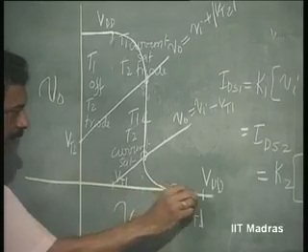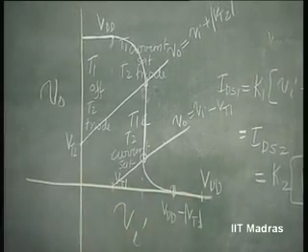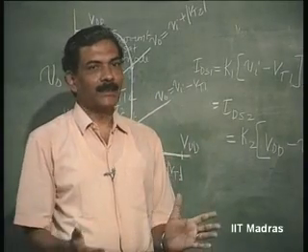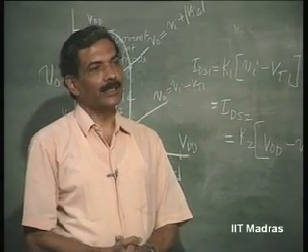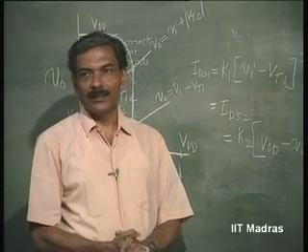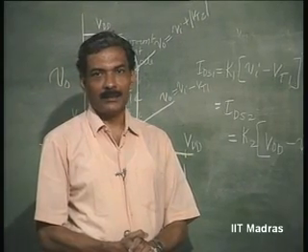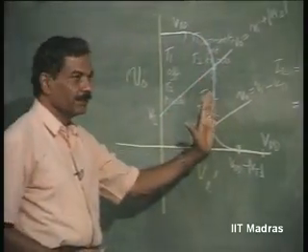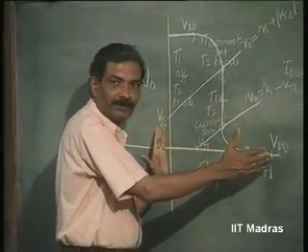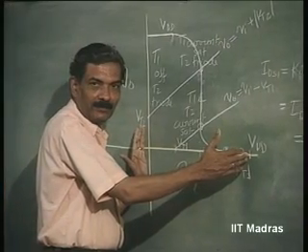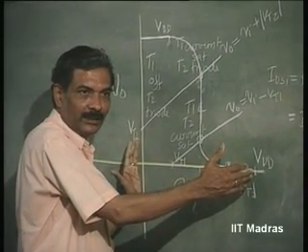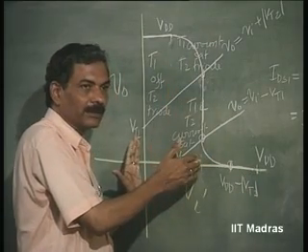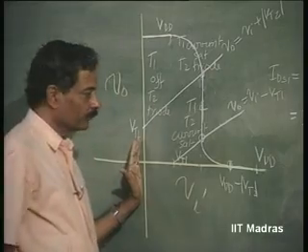So, this is a complete characteristic of this CMOS inverter, and it is the closest to an ideal inverter. There is no other inverter which is approximating to the ideal inverter. Gain is infinity, and the transition, if they are perfectly symmetric, if K1 is equal to K2 and Vt1 in magnitude is equal to Vt2, then it is going to transit at Vdd by 2.